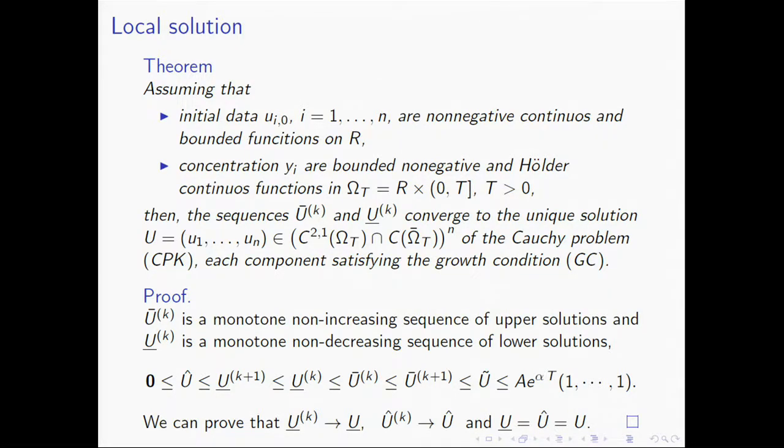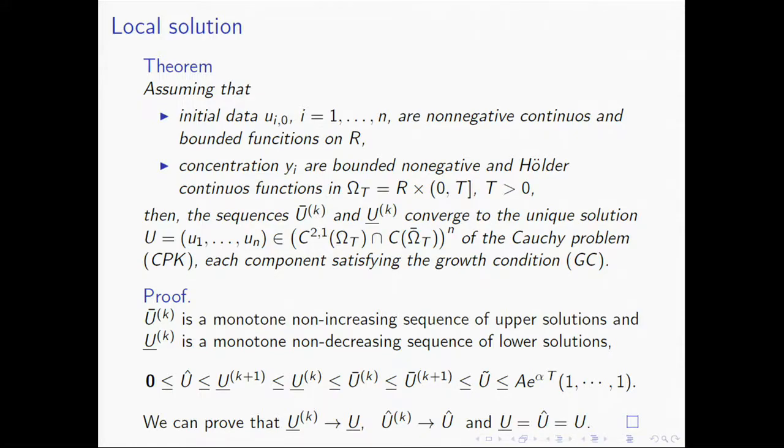Each component satisfies the growth condition. The proof of this theorem is based on proving, for each iteration, that the sequence of lower solutions is increasing with the iteration, and the sequence of upper solutions is decreasing.